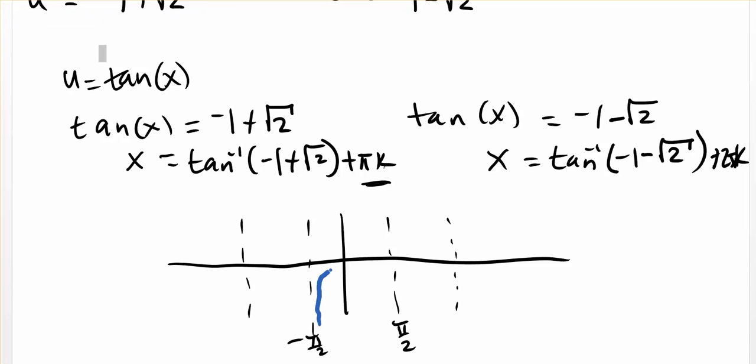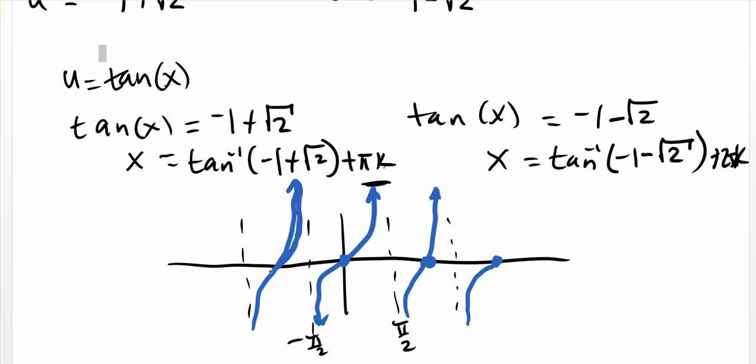The tangent curve comes from negative infinity and travels towards positive infinity, hits 0 at integer values of pi, and it has an asymptote at odd values of pi over 2.